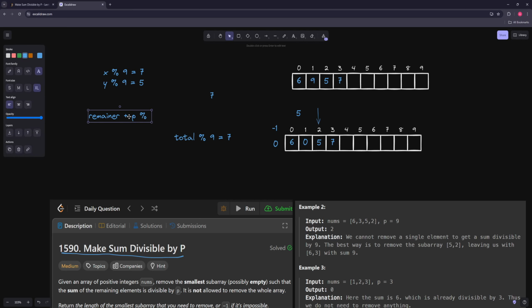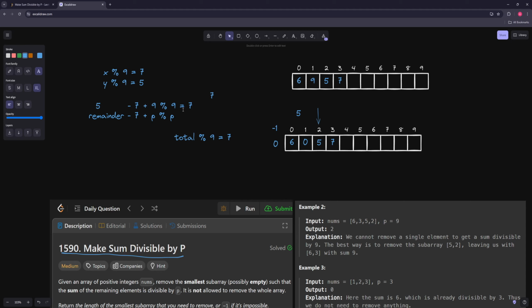Okay, so it would actually be the remainder that you have currently minus the remainder you're trying to subtract. So in this case, it would be 7, because we're trying to get rid of something with the remainder 7. Now this is where we can add p, because let's say the remainder we have is 5, and we need to subtract 7, this will be negative. So we can just always add p here to make this positive, and then we can mod this by p. So that would basically be 5 minus 7 plus 9 mod 9. And so this will be 7 mod 9, which will be 7.